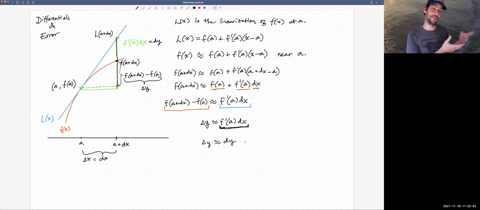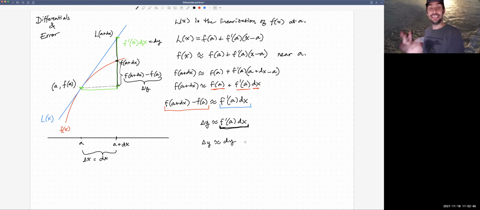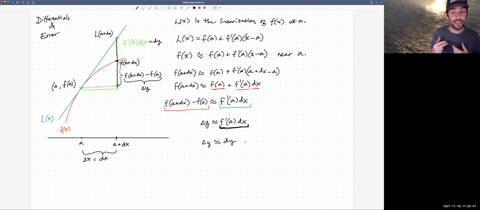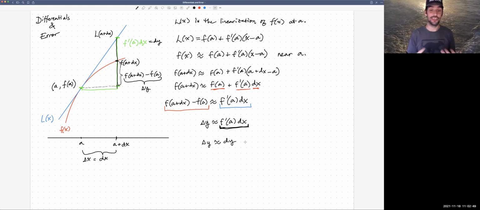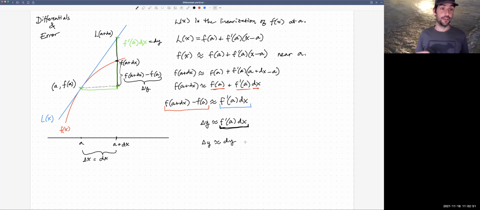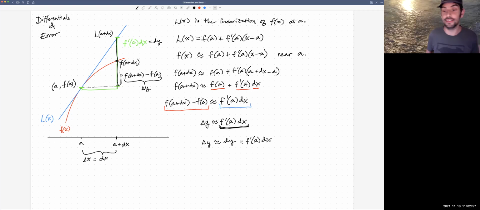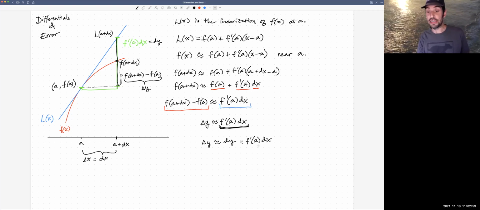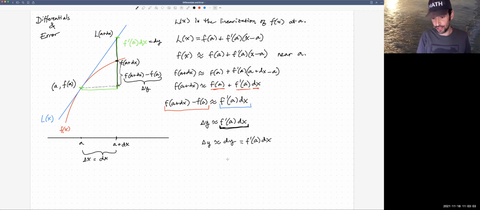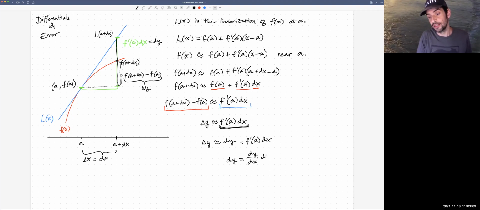Delta y is how much the function actually changed. dy is how much the linear approximation, or the tangent line, changes over the same interval, right? The interval in this case is dx, right? So this dy is equal to f prime of a dx, right? You might see this written as dy equals dy/dx times dx, right? And the meaning is the same.